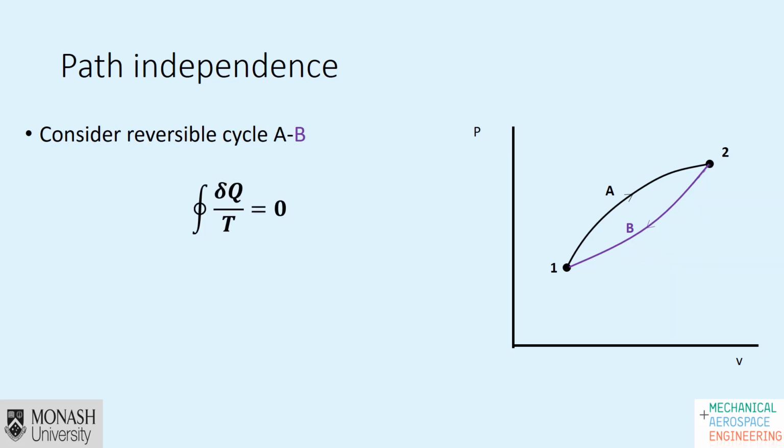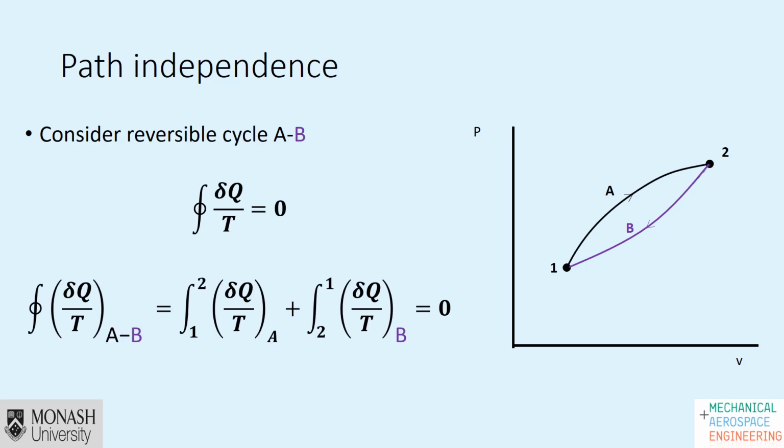So let's firstly consider the reversible cycle AB, and let's evaluate the cyclic integral of the heat transfer divided by the temperature. Remember that a cyclic integral is really just a line integral along a closed path. So when we say the cyclic integral for the cycle AB, what we're saying is evaluate the integral along path A, and then evaluate the integral along path B, and sum them. And so that's exactly what we've done here.